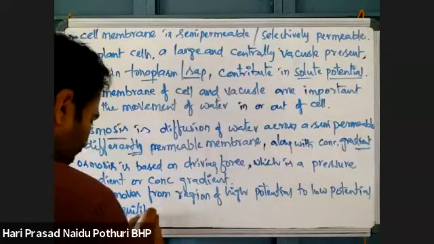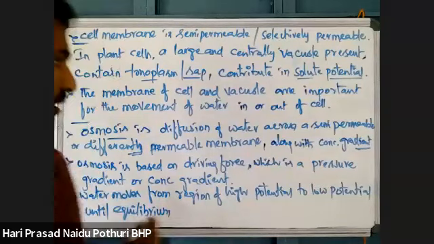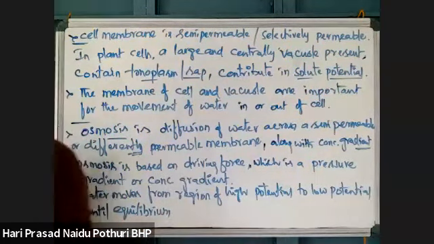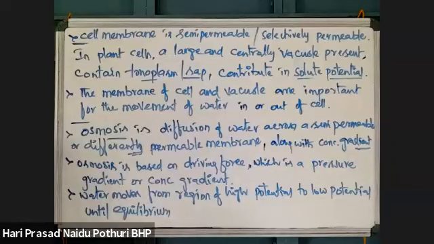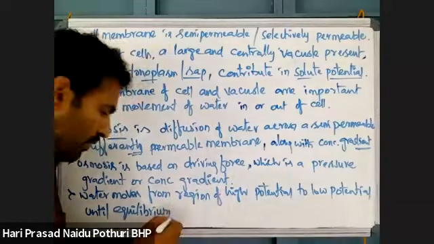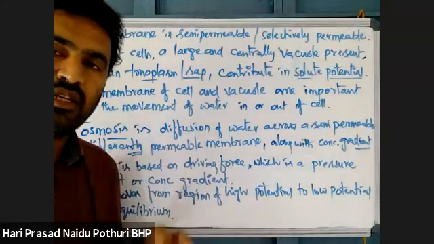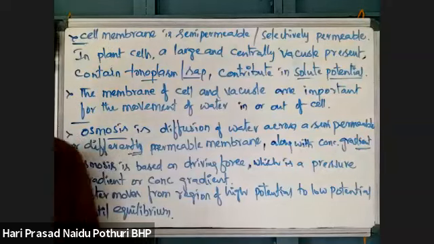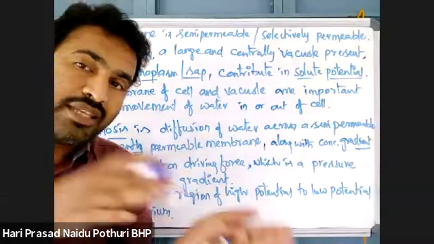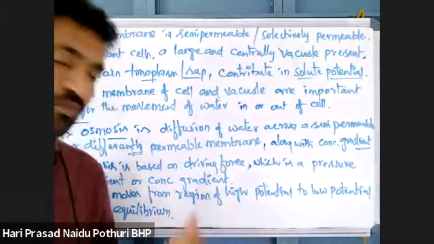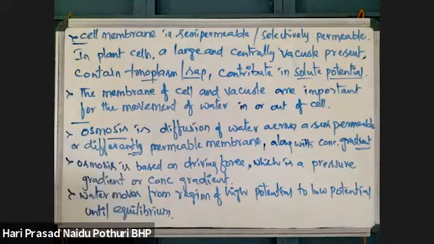Equilibrium means, I will give you an experiment to demonstrate that. From one side of the membrane to the other, there is movement from high to low concentration. If concentrations become equal on either side of the membrane, then there is no movement. Movement of water molecules will stop.